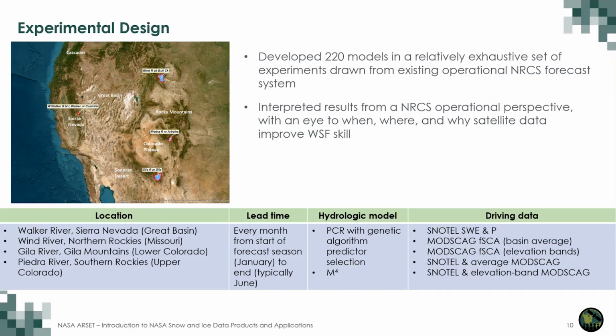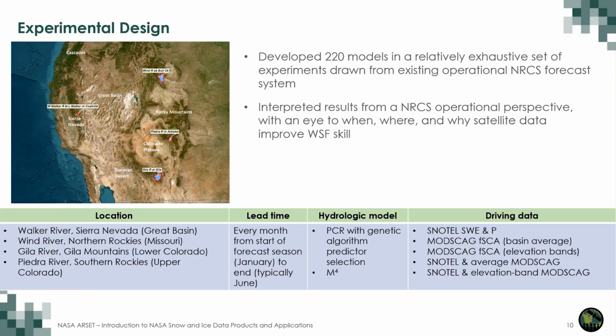So this is a USDA product here, though I am now at NASA. I'll just throw that in there for clarity. Those outcomes obviously were interpreted from an NRCS operational perspective, with an eye to when, where, and why that satellite data improved water supply forecast skill.